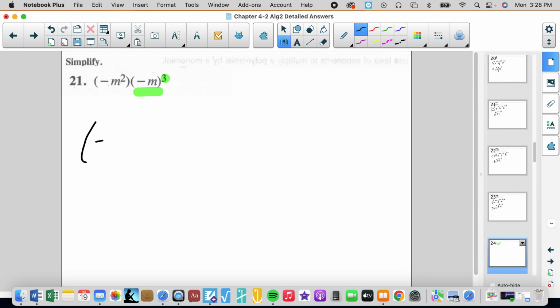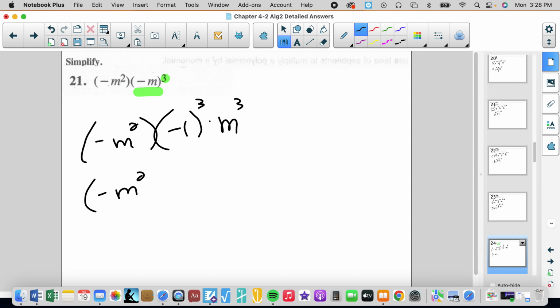So we actually have negative m squared, and then we have negative 1 cubed times m cubed. So we have to simplify those exponents. Negative 1 to the third is negative 1, m to the third. Now we can multiply the coefficients, which is 1.